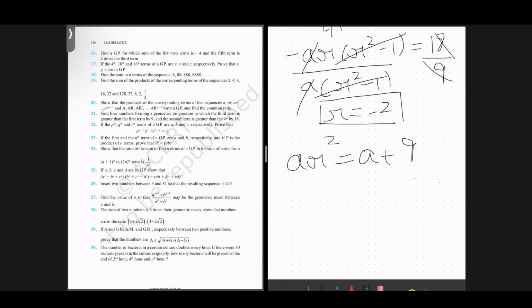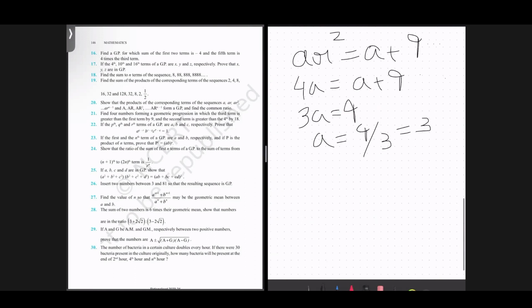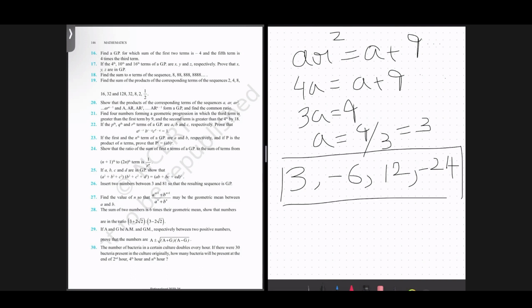Plugging in r equals minus 2 here, you have 4a equals a plus 9, 3a equals 9, a equals 9 by 3, that is going to be 3. So all in all, the four terms of the GP that you're going to get are 3, minus 6, 12, and minus 24. These are the four terms of the GP.